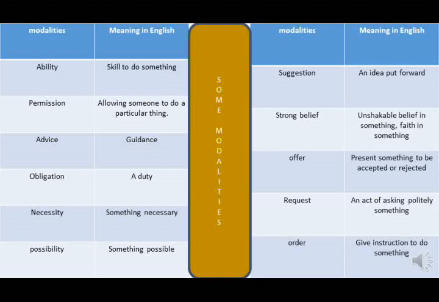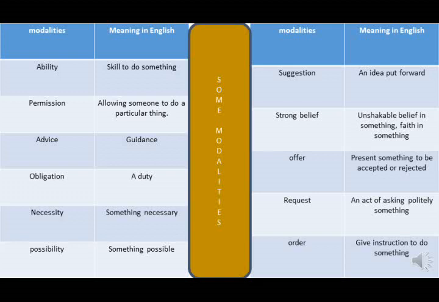And eighth one is offer. When guests come to your house, we offer them a cup of milk or a cup of tea, which may be accepted or rejected. Offer is presenting something to be accepted or rejected. Request. Please, can you give me that pencil?